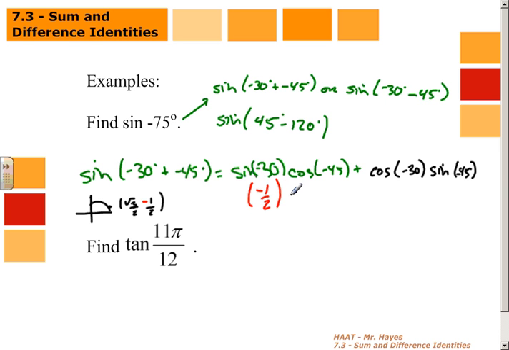Cosine of negative 45 degrees is going to be root 2 over 2. Plus cosine of negative 30, we have over here, but it's the x value, so that's going to be root 3 over 2. And the sine of negative 45 degrees will be, again, root 2 over 2, but you're going to go down, so that's going to be a negative root 2 over 2. And this is where I was saying, if we had done this one right here, this would be sine of regular 45, so it would be just root 2 over 2, not negative root 2 over 2.